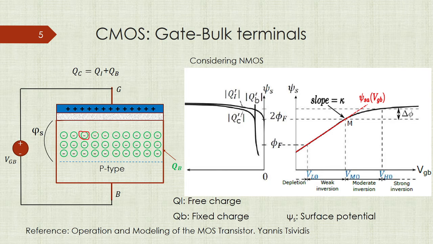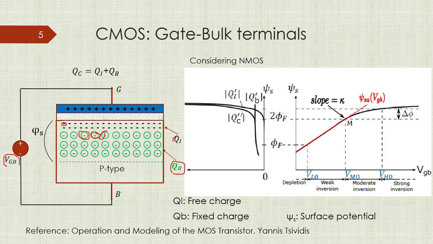Ions will be close to the surface, and then when we increase the voltage VGB more, finally we will obtain free charge, or electrons. These electrons will generate a charge Qi, and the ions here will generate a charge Qb.